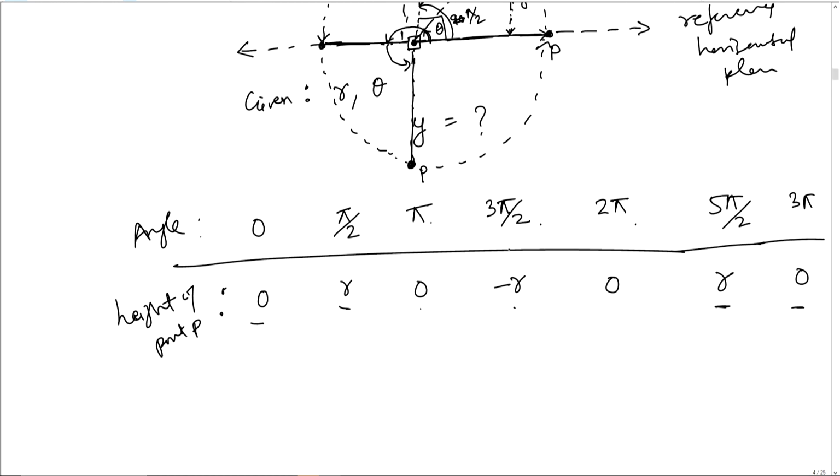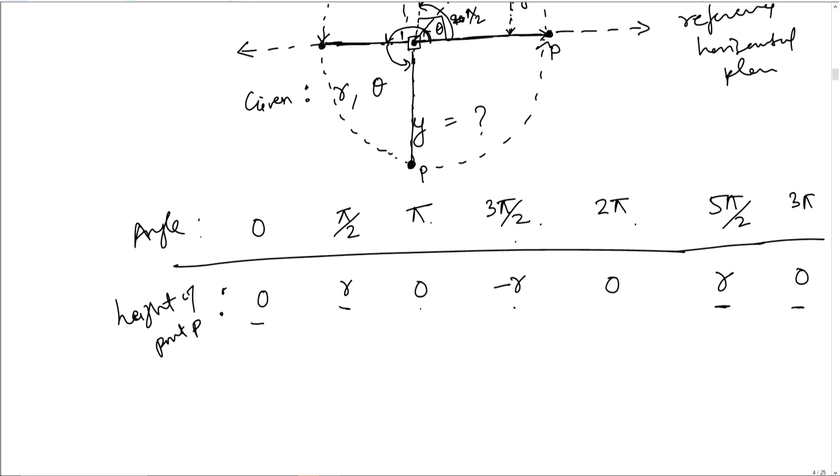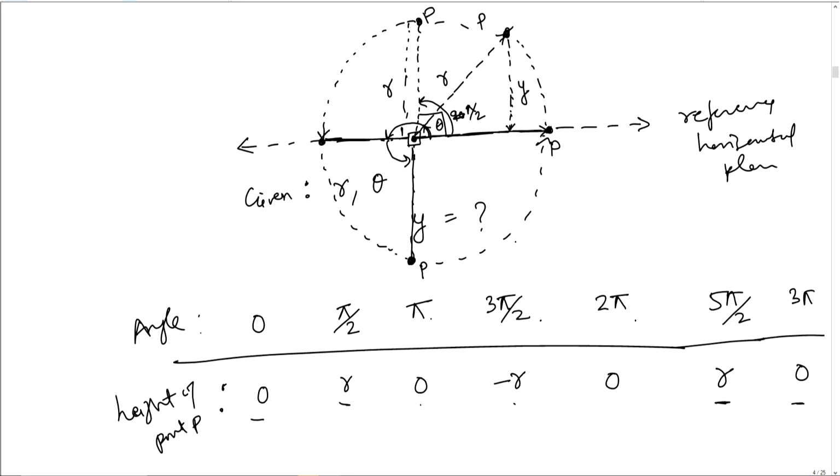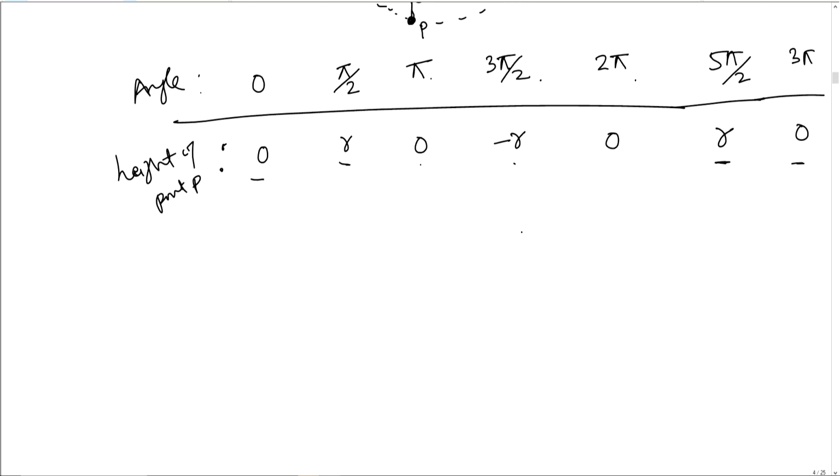Now, this seems interesting, because if we think of height at point P, y, as a function of theta and r, it seems like y is a periodic function of theta.